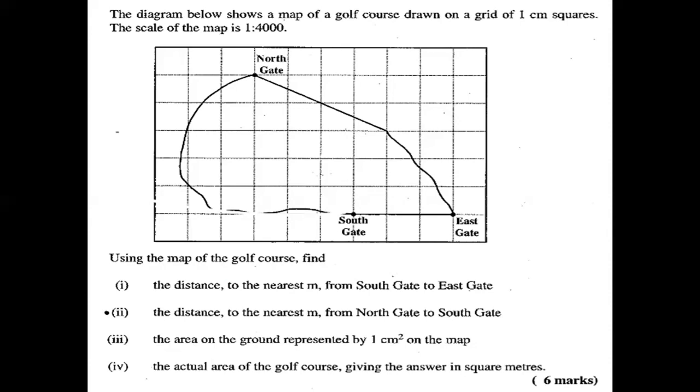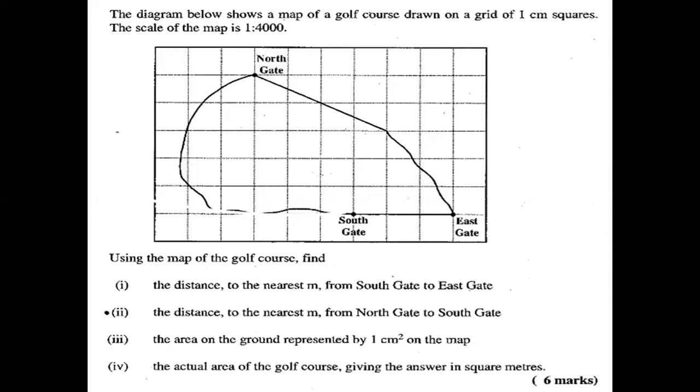The scale of the map is 1 to 4,000, and we're talking about centimeters. So 1 centimeter on the map is 4,000 centimeters on land.